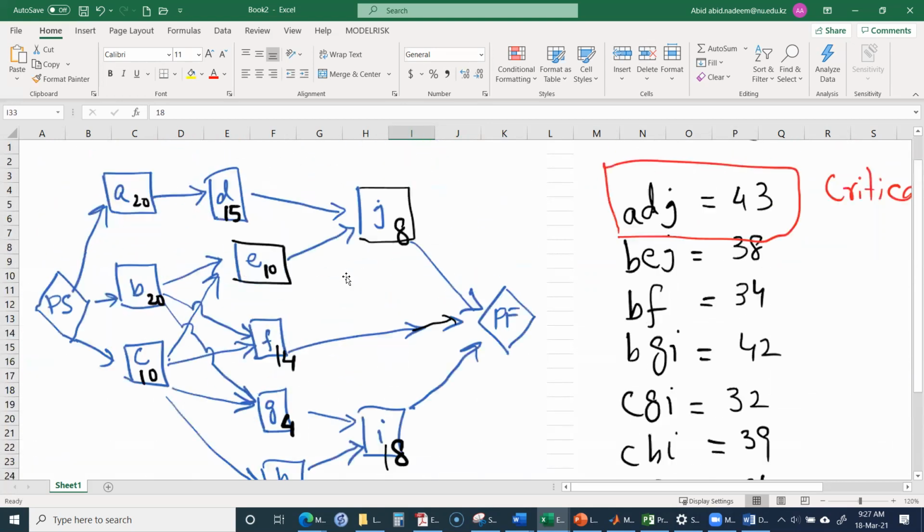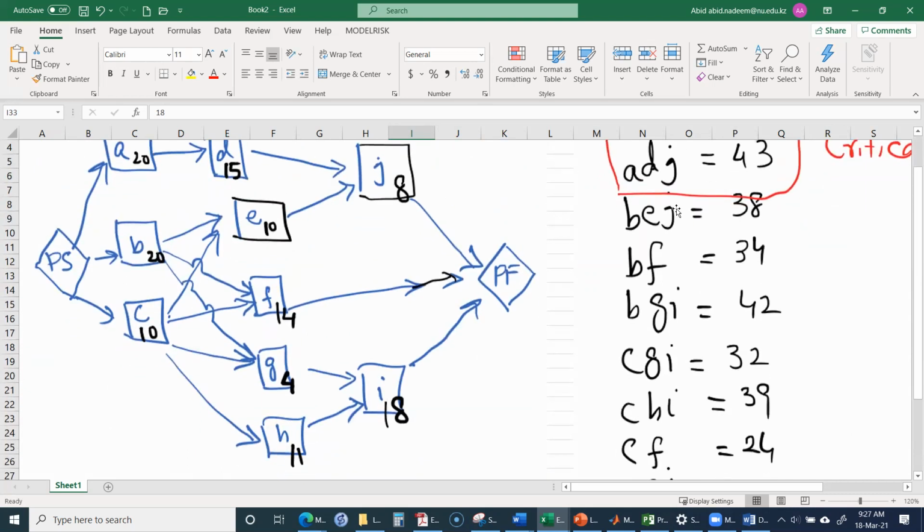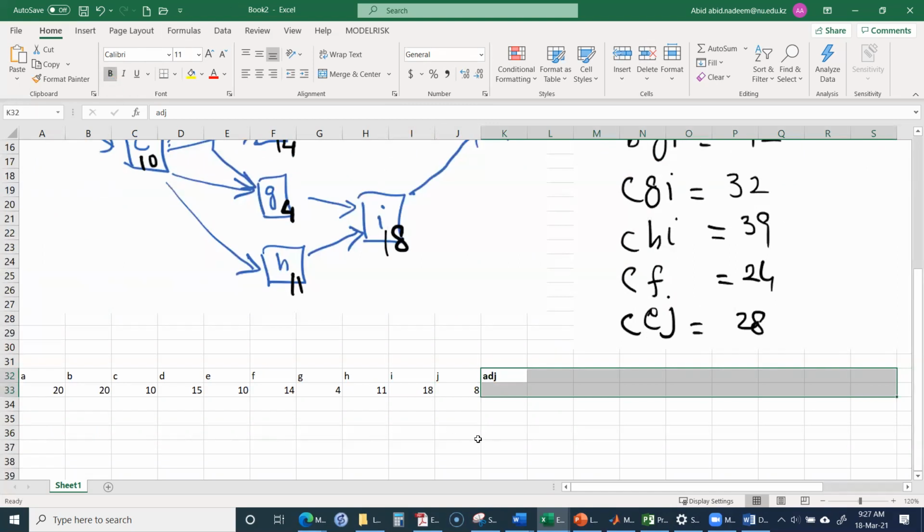Okay, so I have this activity data, and then for the paths, I have path ADJ. These are the different paths, so maybe I can make them bold to distinguish them.